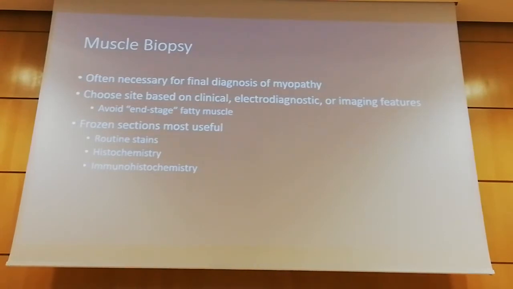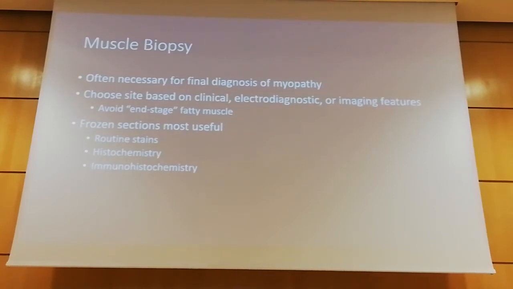The second consideration is that you need to choose a viable muscle. If you have chosen a muscle that is fibrotic, or that has been replaced by fibrofatty tissue, the end result again is a false negative. Why? Because you don't see any muscle fibers to make your diagnosis on.